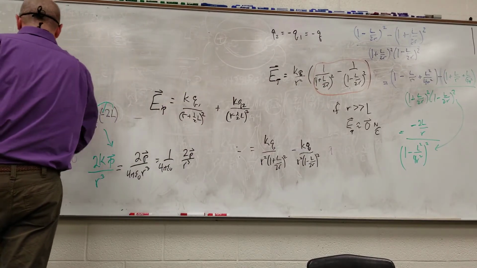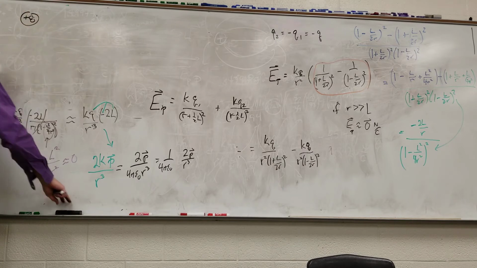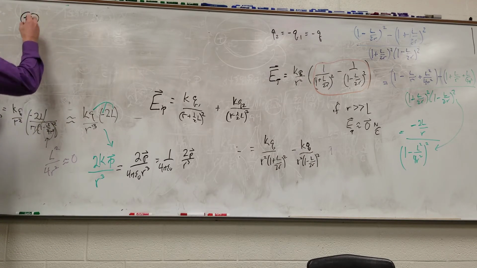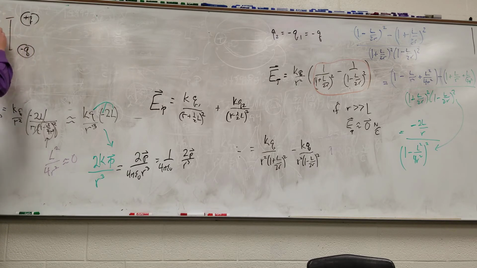And instead of starting generically, we'll start straight out with a positive charge here, positive Q, negative Q. The distance between them is L. My electric dipole moment is pointing up, again from negative to positive.